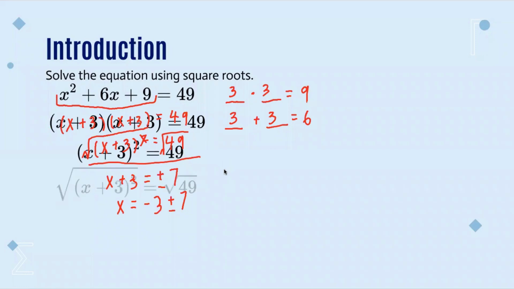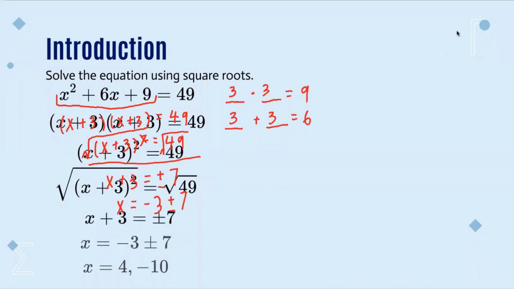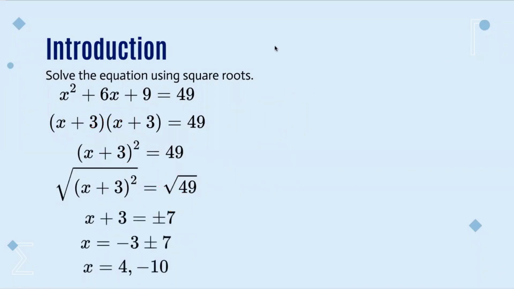And then you can simplify this using two different equations, so negative 3 plus 7, and then negative 3 minus 7. Negative 3 plus 7 would be positive 4, and negative 3 minus 7 would be negative 10. And there are your two answers, or solutions, for x.